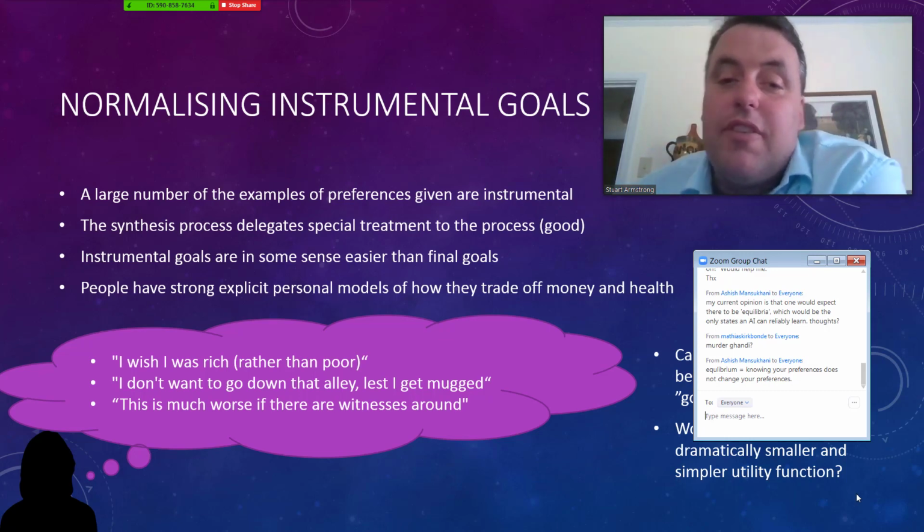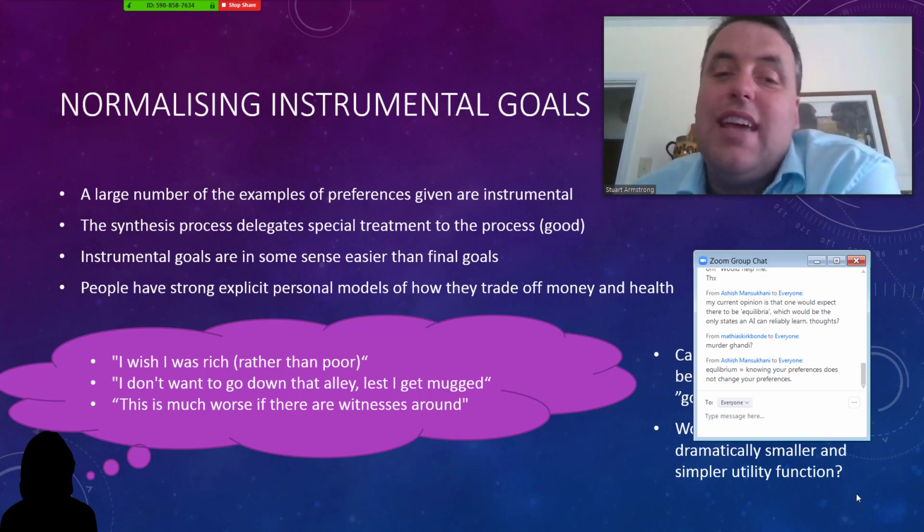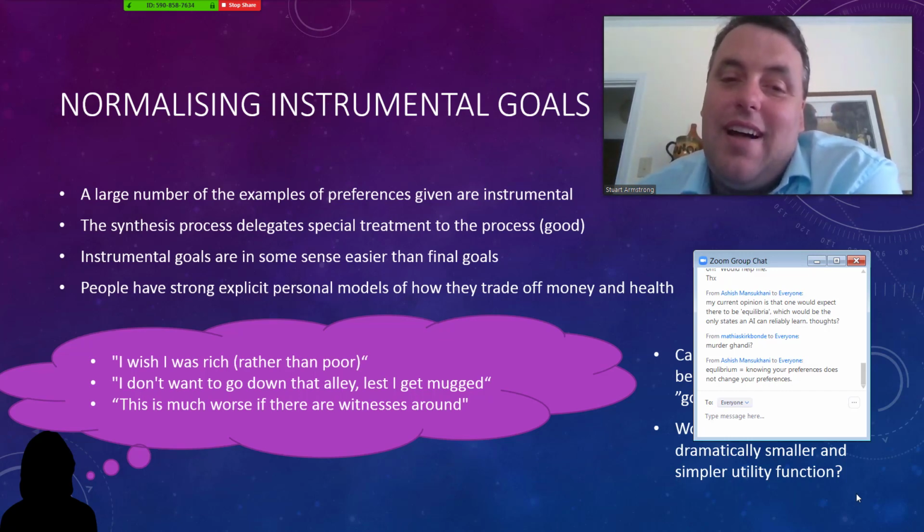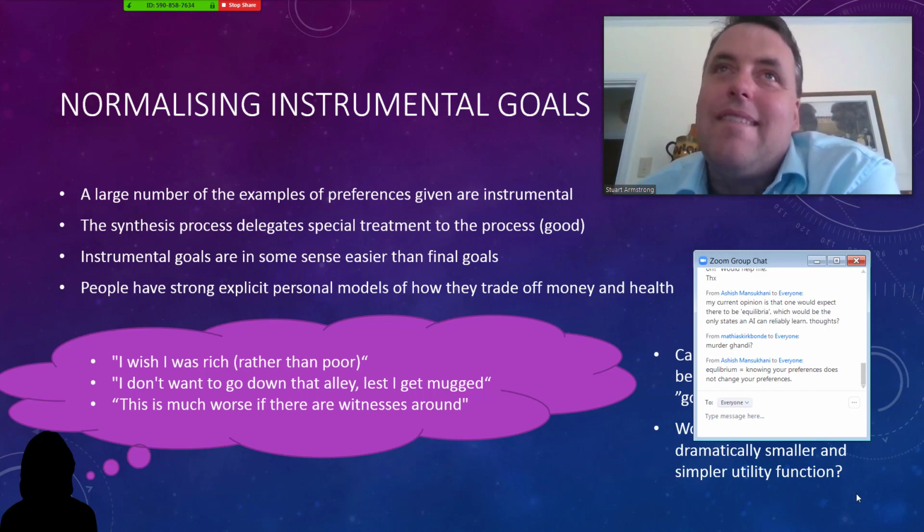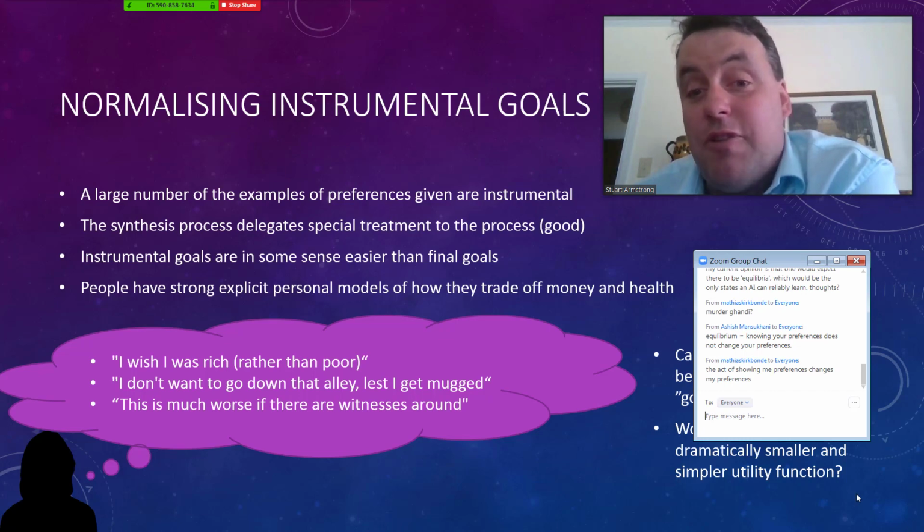Equilibrium, knowing your preferences does not change your preferences. Yeah, but that's not human. There is no moral learning at this point. I would be very wary and careful about approaching a state where knowing your preferences does not change your preferences.